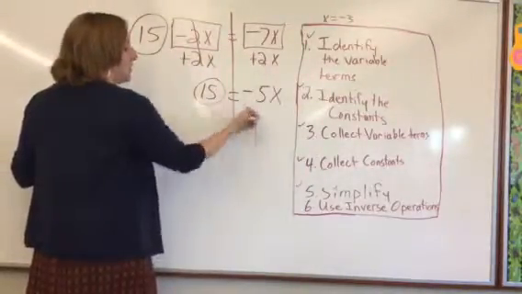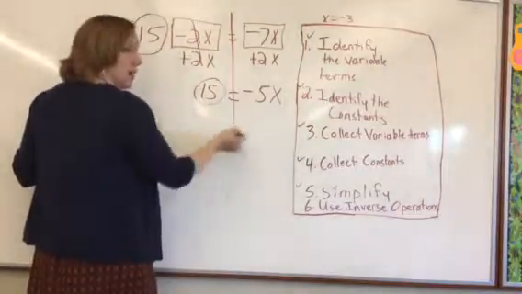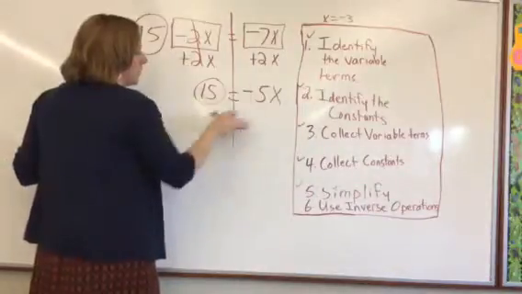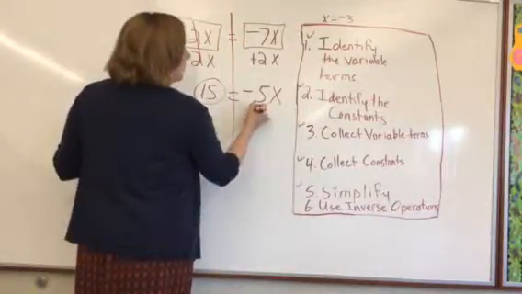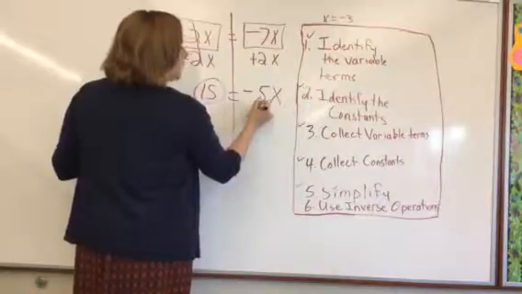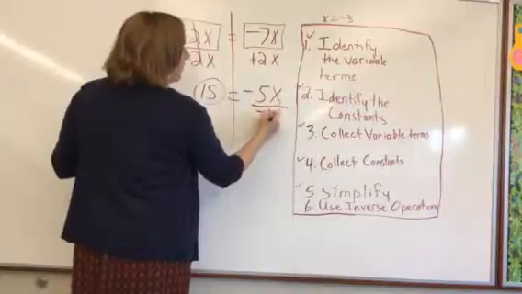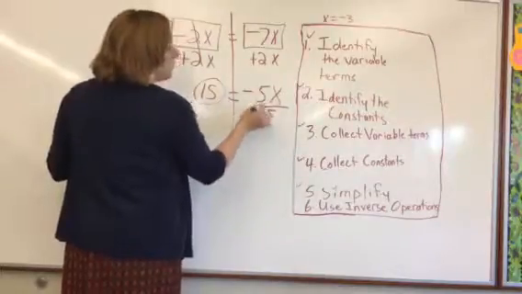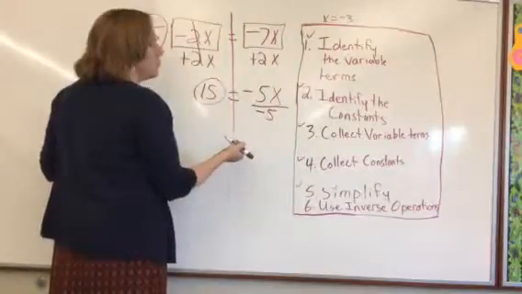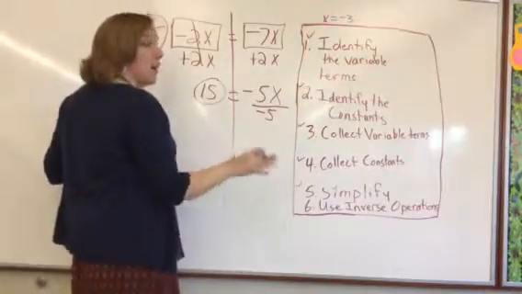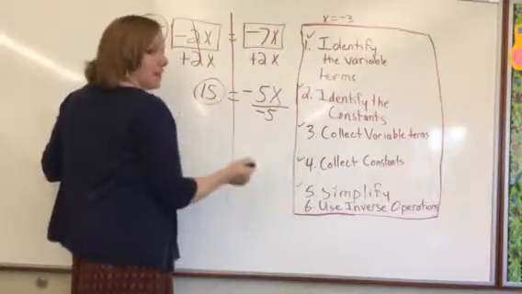Now I have 15 equals negative 5x. It's very similar to what we had, but we had these flipped around because of the way that we did our math before. So now I want to undo negative 5 times x. The inverse operation of multiply by negative 5 is divide by negative 5.